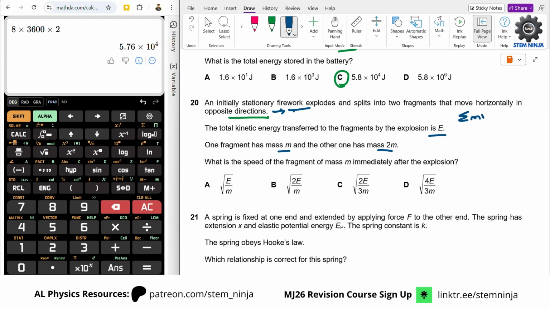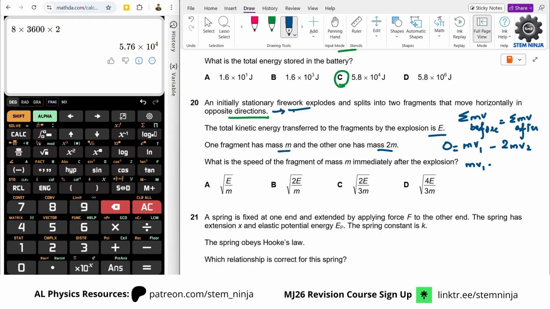So sum of mv before equals sum of mv after. Before is 0, and the fragments go in opposite directions, so the momenta are opposite.